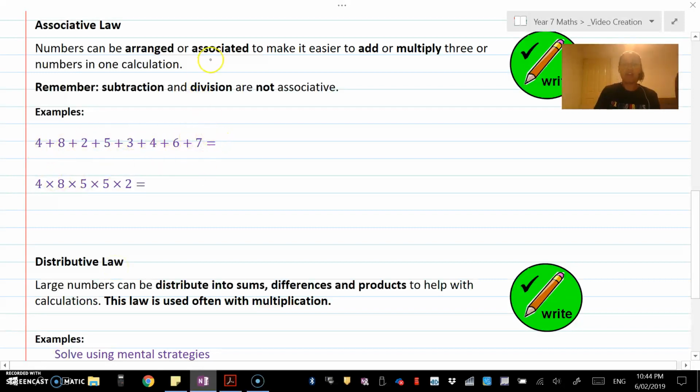I can arrange them so it's a lot easier. So again, one of the things I might do is put the 4s together, then the 8, because 2 4s is 8, and then I might have my 2 plus 3 plus 5 together. So I've got those numbers because that makes 5, and then I might have my 6 and 7.